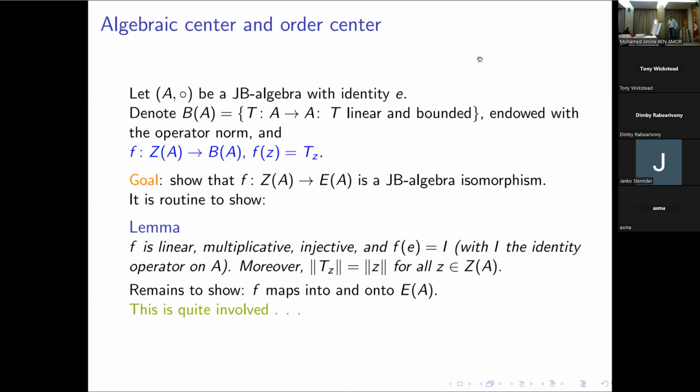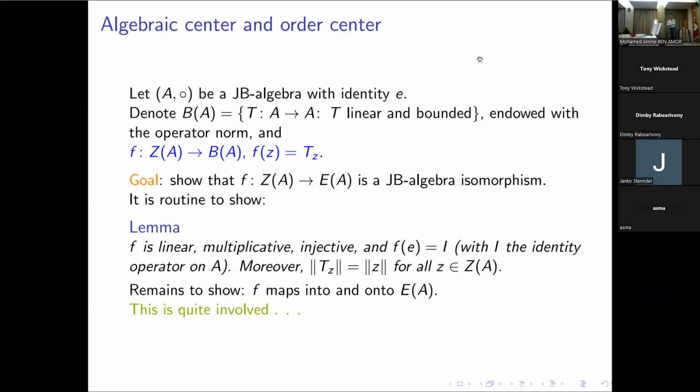So we have to construct an isomorphism between the two, so they are essentially the same. And what is it? It is a map that assigns to an element z from the Jordan algebra the corresponding left multiplication operator Tz. That turns out to be the thing that connects the two and preserves all structures. So we have to check that every JB algebra structure here corresponds to every JB algebra structure there.